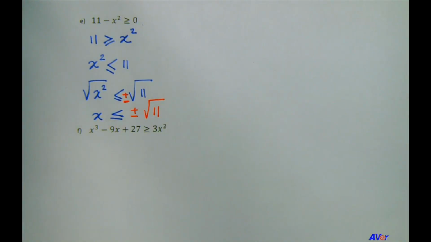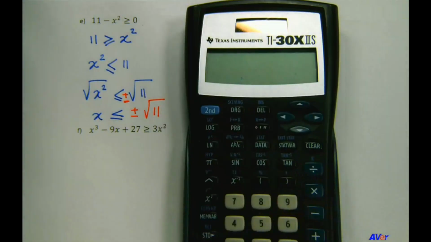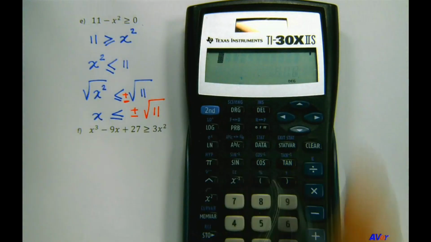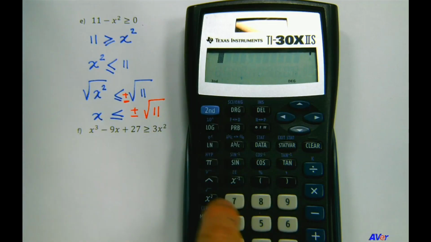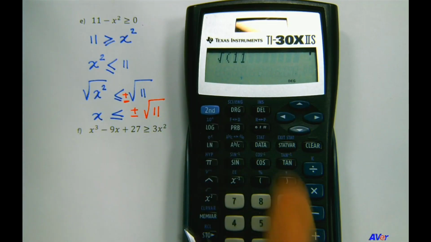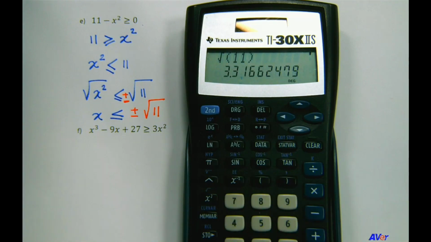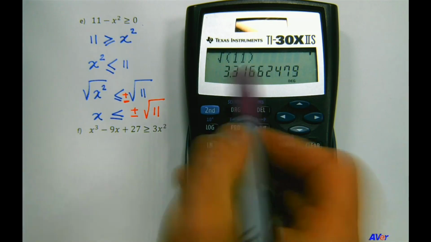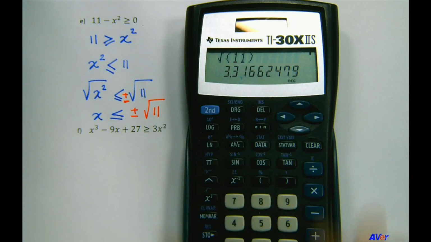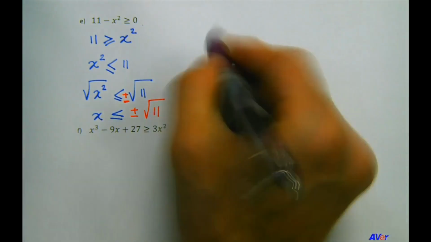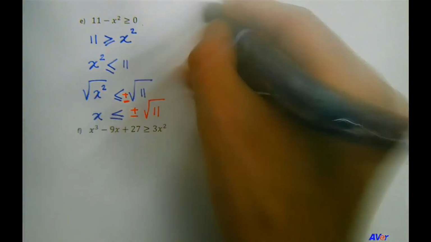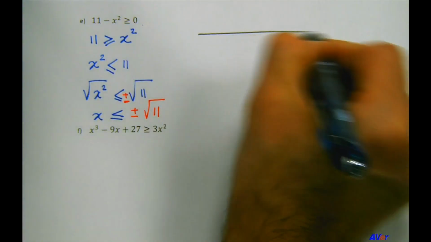Okay, what is the square root of 11 anyway? It's 3 something, right? 3 point something. So the square root of 11 is about 3.32, plus or minus. So let's draw the real number line here.